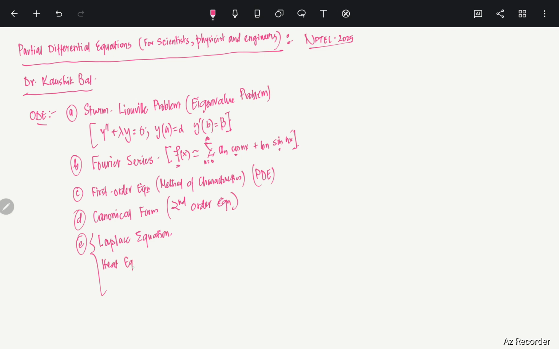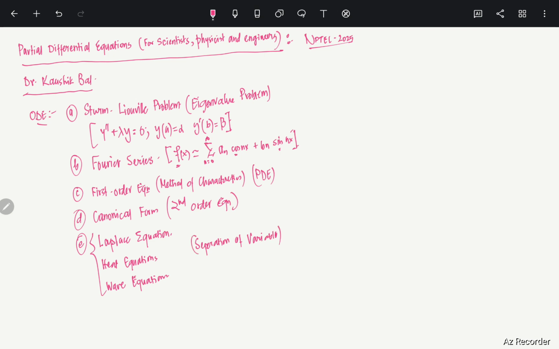This is the equation which models the parabolic version. Okay, and then we have wave equation. This is the hyperbolic one. So we will learn how to solve this using separation of variables. Clear? Okay, so this is more or less the gist of the course.